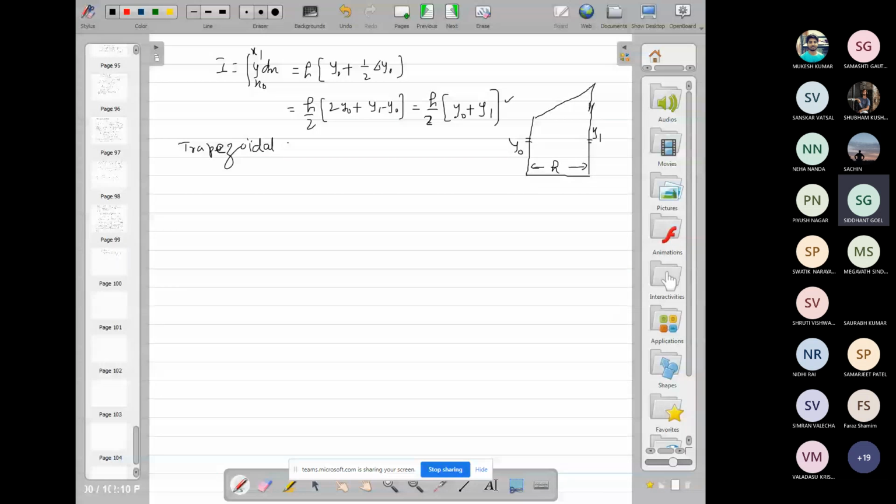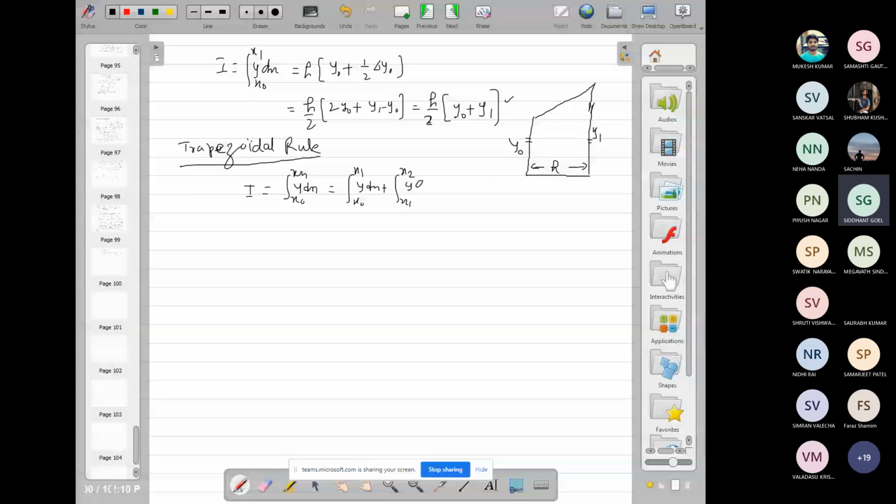Trapezoidal rule for numerical integration. So we can generalize this formula. Suppose the problem is the integral from x0 to xn of y dx. Then this can be written as the integral from x0 to x1 of y dx plus x1 to x2 of y dx, and so on, plus xn minus 1 to xn of y dx.